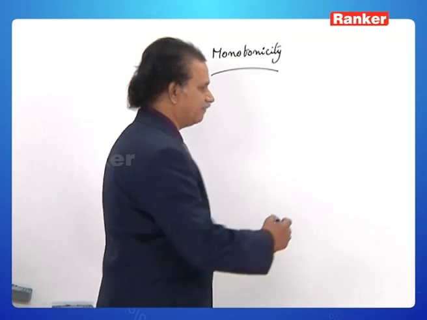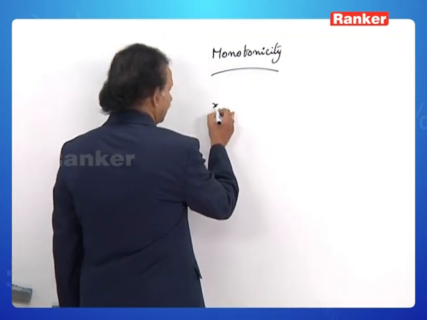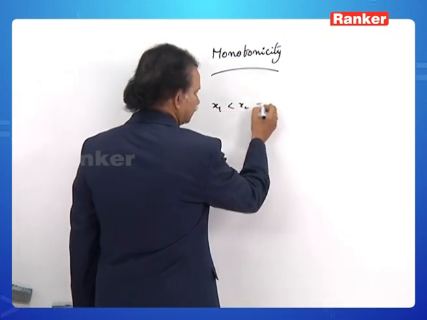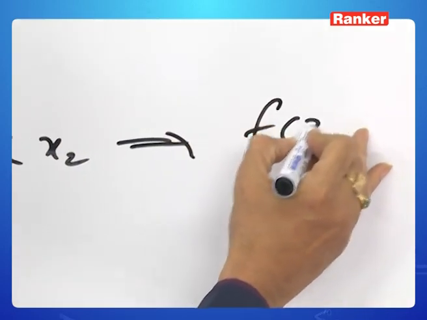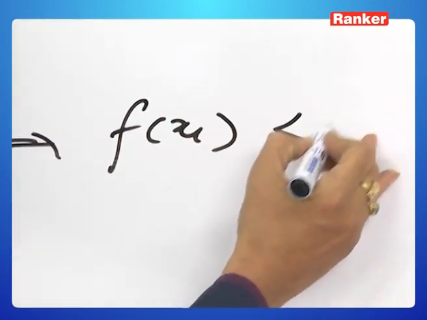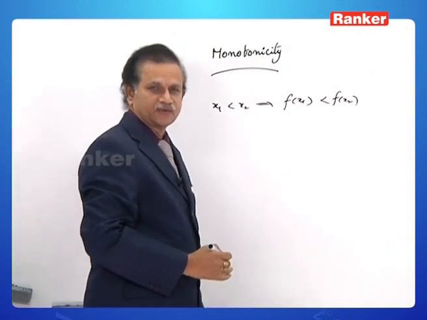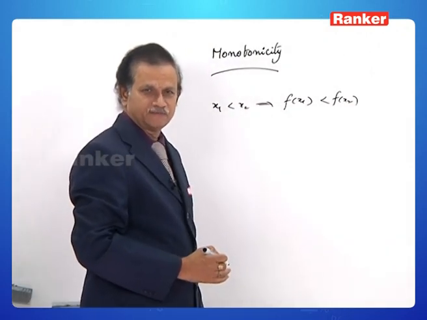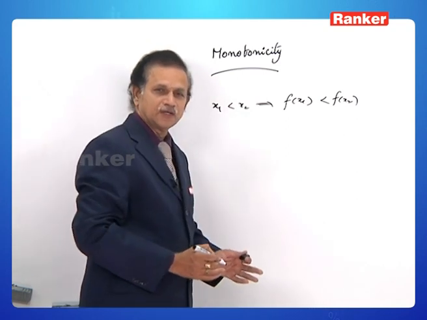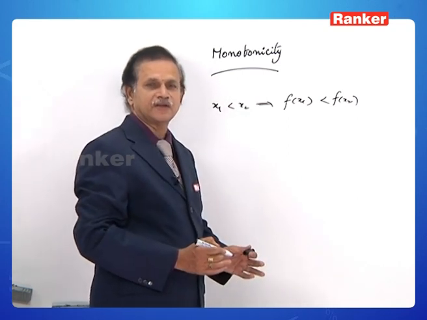That is, if x1 less than x2, where all points x1 and x2 belong to the domain of the function f, if this happens, we recall that f is strictly increasing.